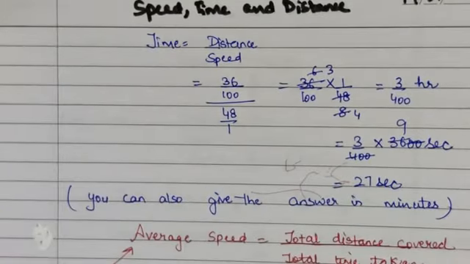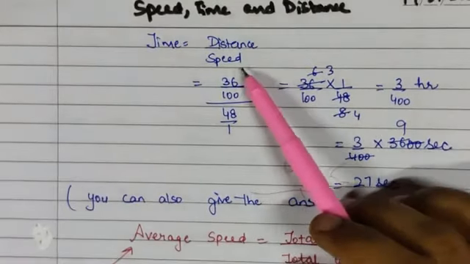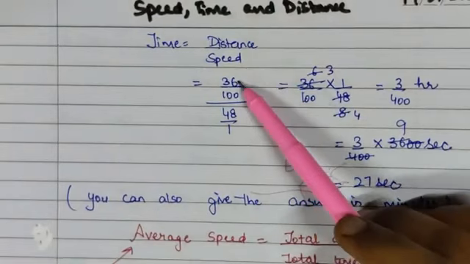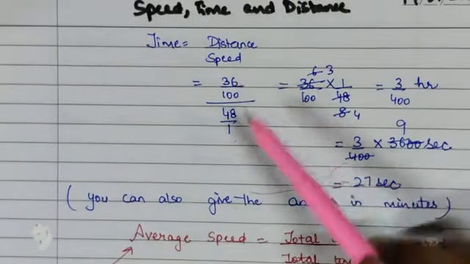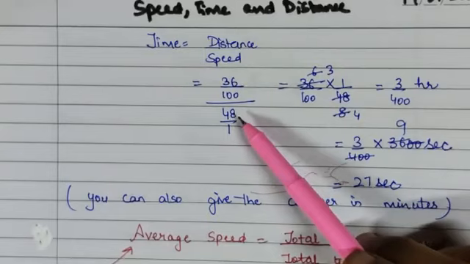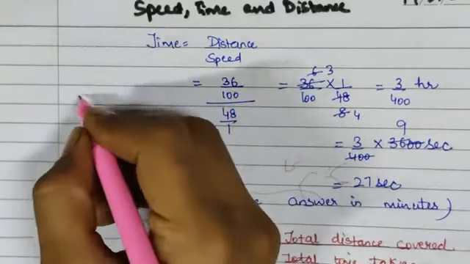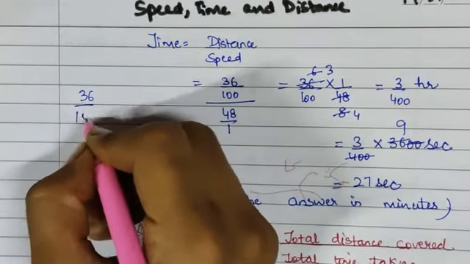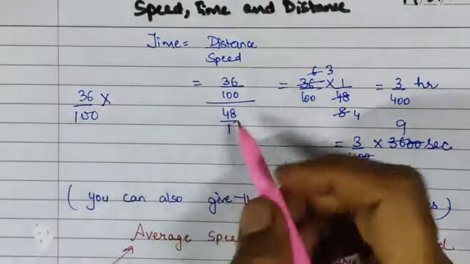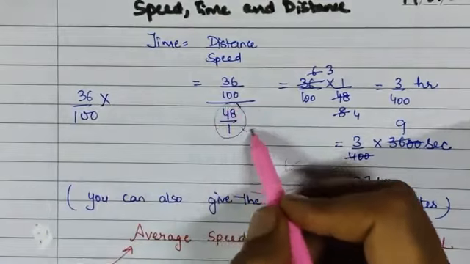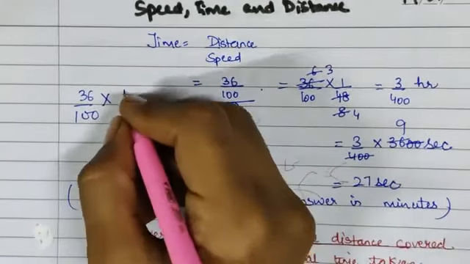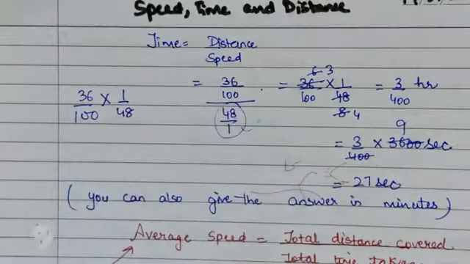Now the formula for time is distance upon speed. Distance is 36 upon 100, speed is 48, or we can write 48 upon 1. Now this can be written like this: 36 upon 100 multiplied by the reciprocal of it. Fine.